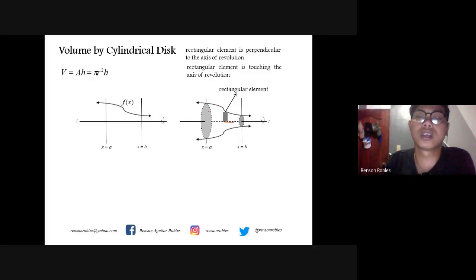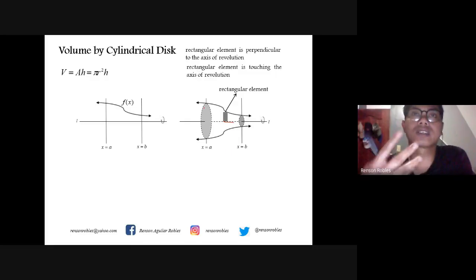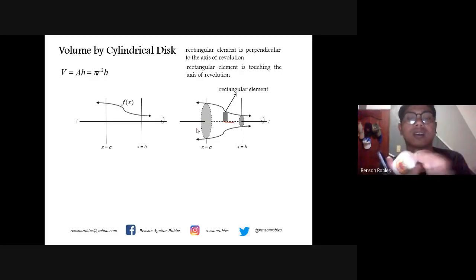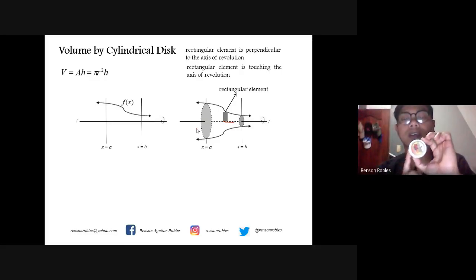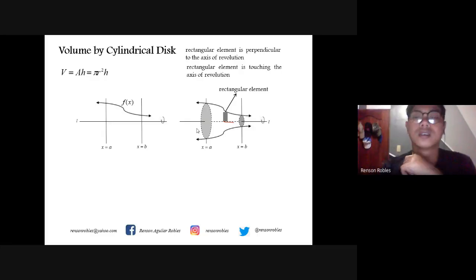So the whole solid here is really solid in form. There's no empty space here. An illustration of which is this. Can you see this one? It's solid, no? You have to take note that the axis of revolution is part of the region.